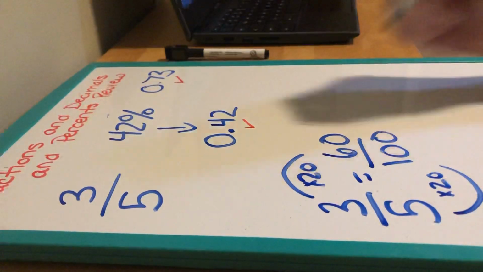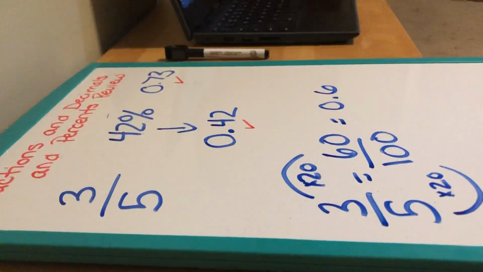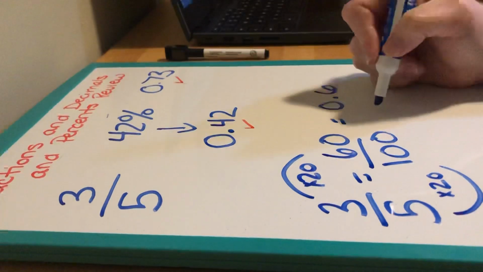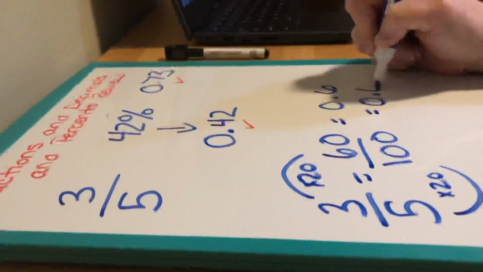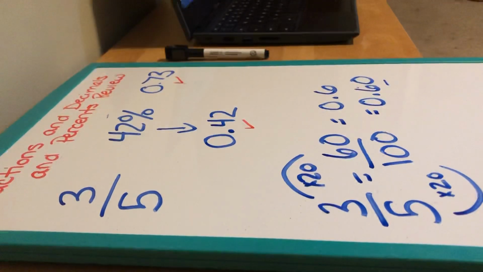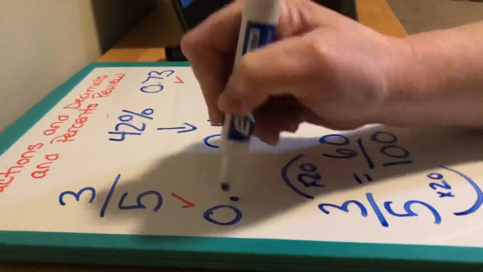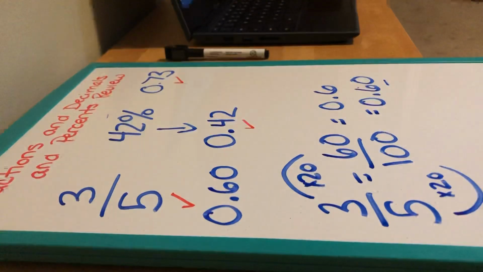To turn that into a decimal, I have 0.6, which also equals 0.60. I can add zeros at the end of the number and it doesn't affect the value. So now I have this number. 3/5 is now in a decimal. It is 0.60. The question asks you to show the numbers from least to greatest.